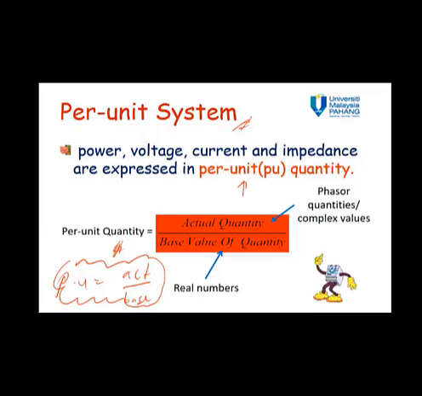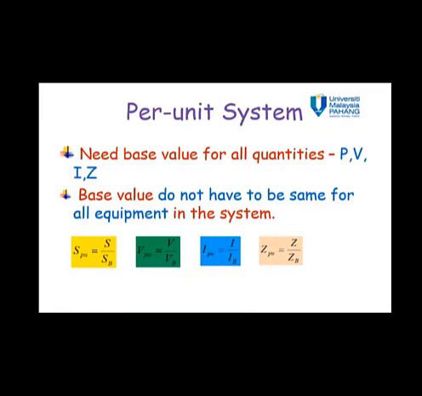All the parameters, let's say for the power, voltage, current, and impedance, we have to express using per unit quantity, by using this equation. So let's say we have this parameter. S is the apparent power. To calculate S per unit, we take actual S over S base.